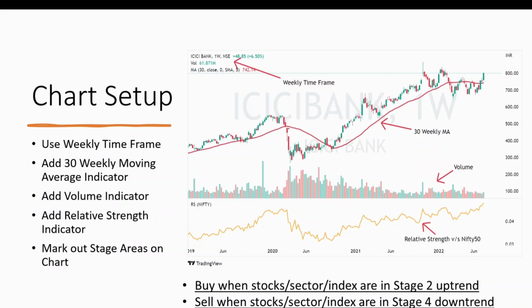Over here you can see the 30 weekly moving average line was downward sloping, and eventually price flattened out in this region. This can be marked as stage 1 because it is formed after the price has moved lower. Then over here finally price moves above stage 1 and the 30 weekly moving average line also starts to rise. So this can be marked as the start of stage 2.